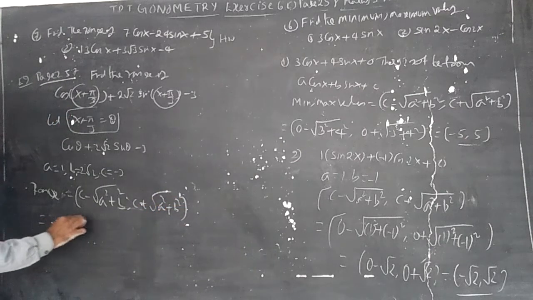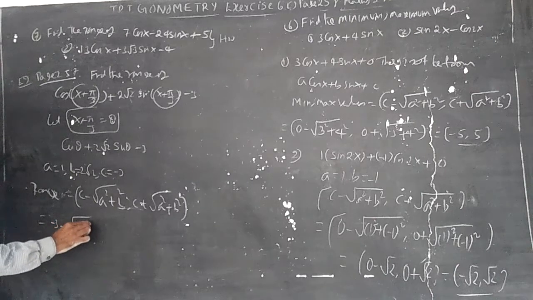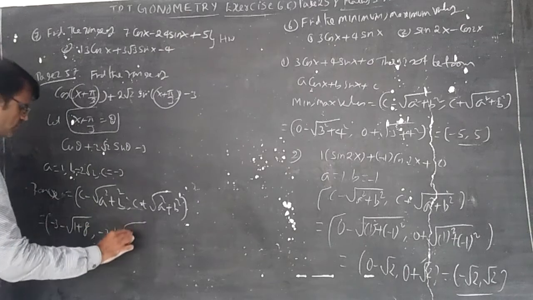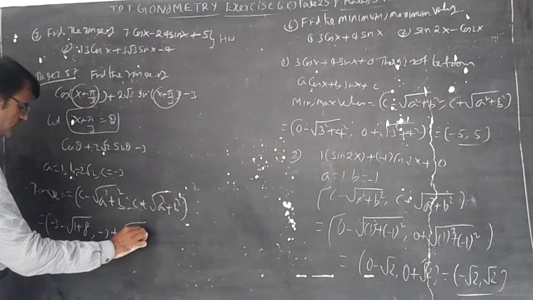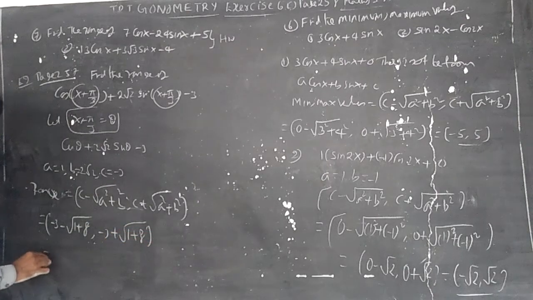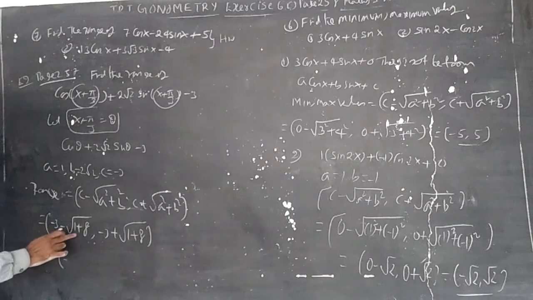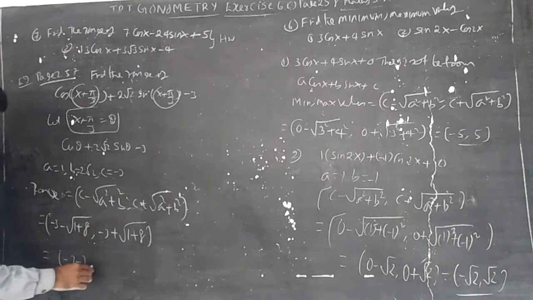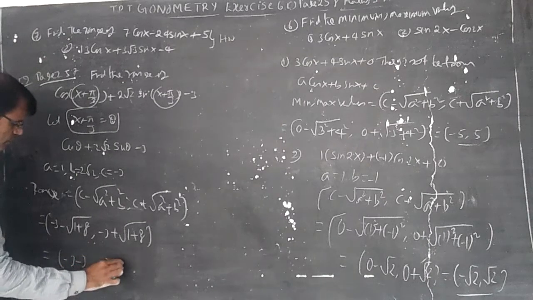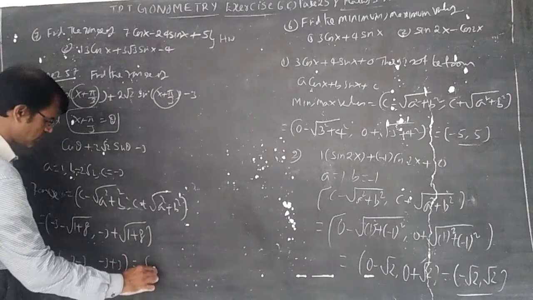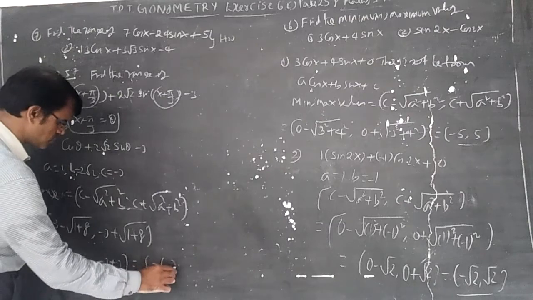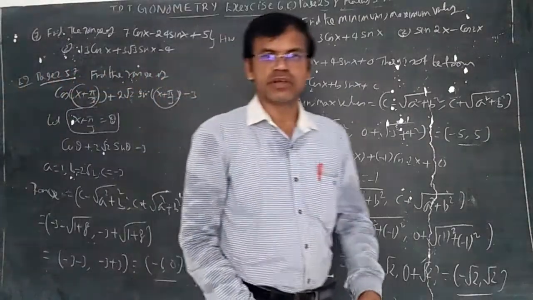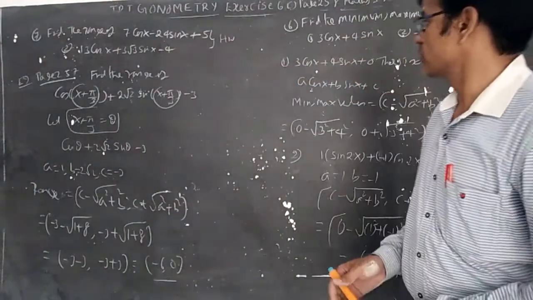Here minus 3 minus root of 1 plus 2 root 2 whole square, which is 8, comma minus 3 plus root of 1 plus 8, because 2 root 2 whole square becomes 8. So minus 3 minus 3 comma minus 3 plus 3, because 8 plus 1 is 9, root is 3. So the range is minus 6 comma 0.